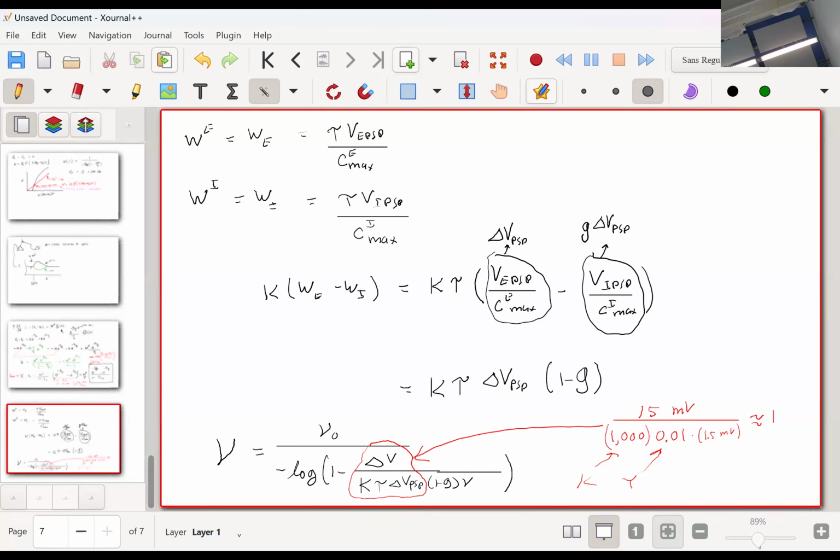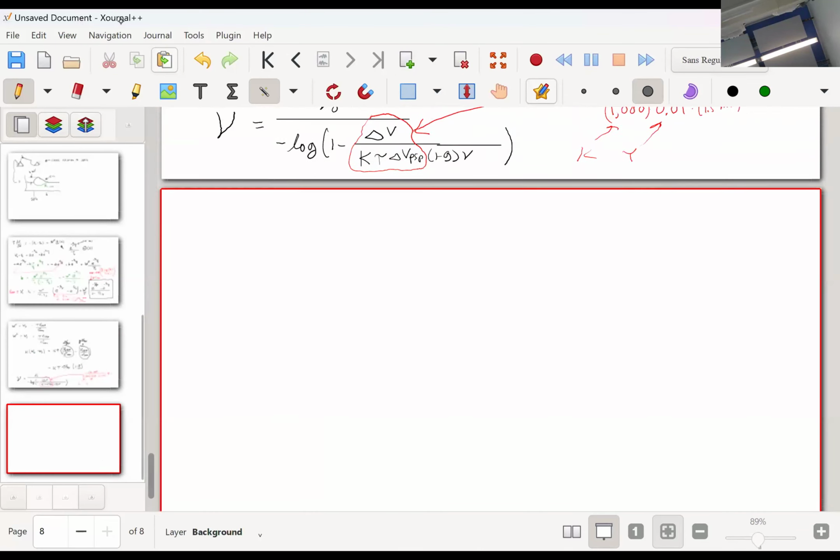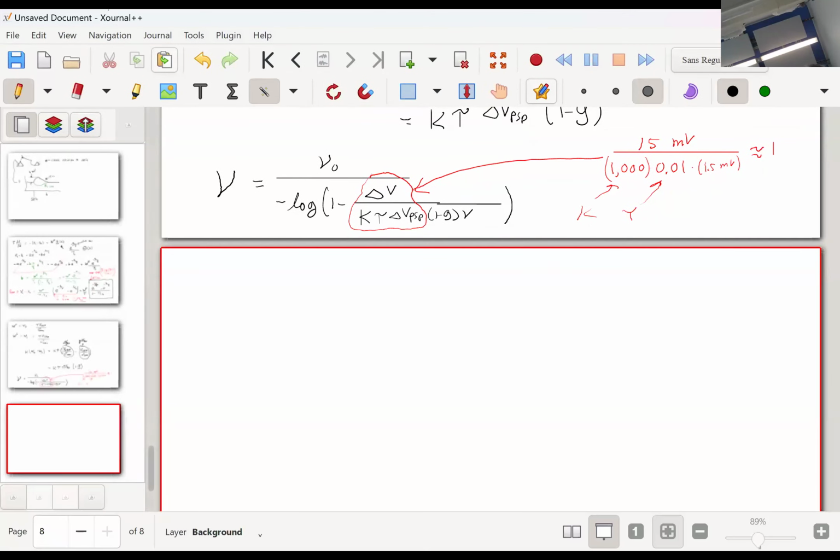Okay. So when we do that, we get nu equals nu 0 over minus log of 1 minus, and I'll give it a name, because we've got units of hertz, let's call it nu W, because it depends on the weights, divided by 1 minus G times nu.